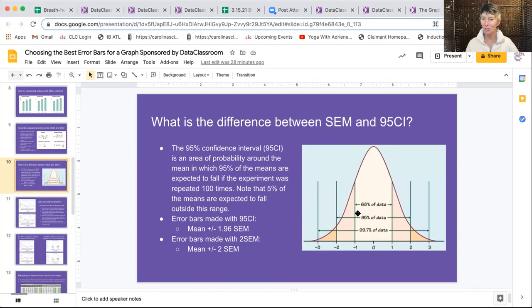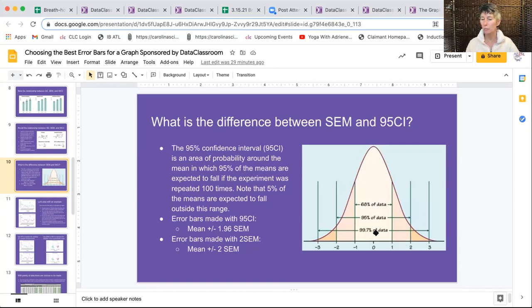Assuming that you get a normal distribution, the mean of the entire population is thought to be here, but the mean for a smaller sampling, such as is done in an experiment, which is lowercase n, would fall somewhere within this normal distribution.